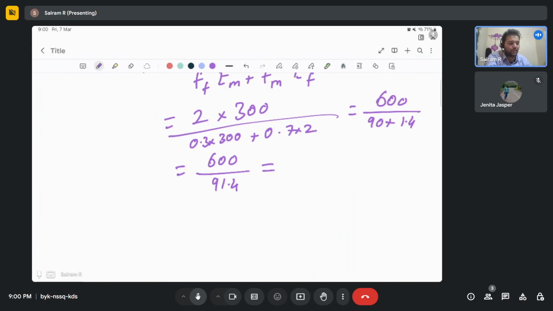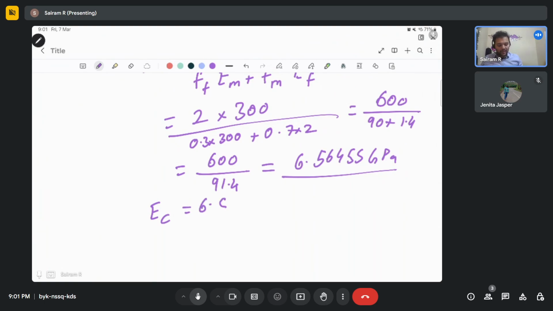I'll just do this calculation. But one thing that we can definitely appreciate from this calculation is that in both the cases, be it isostrain or isostress, the Young's modulus is higher than that of our reinforcement or the fiber, which was just 2 GPa.